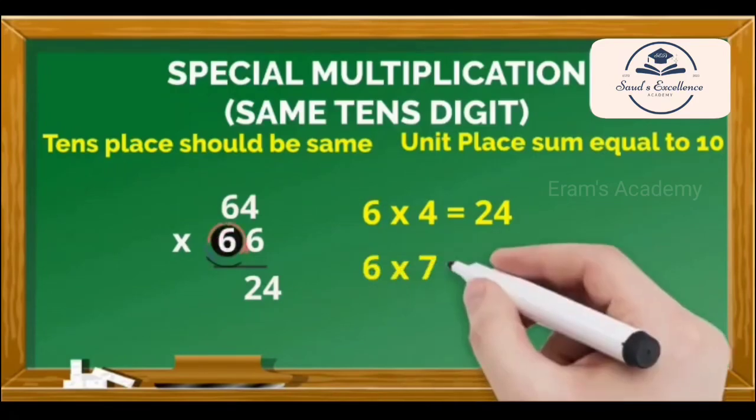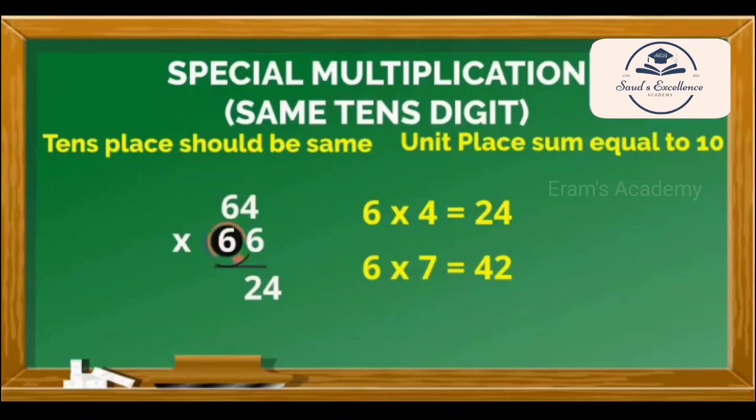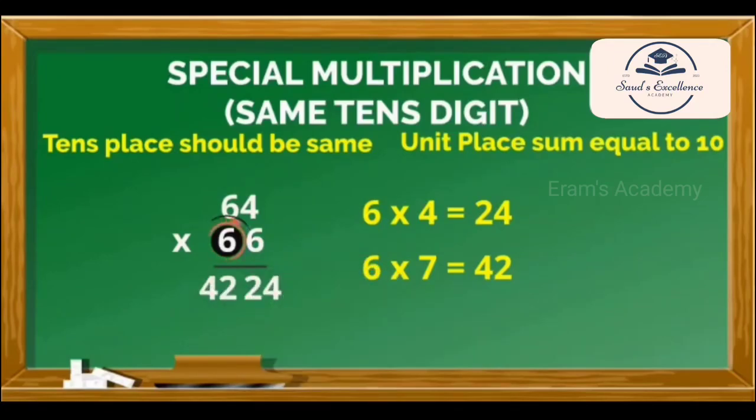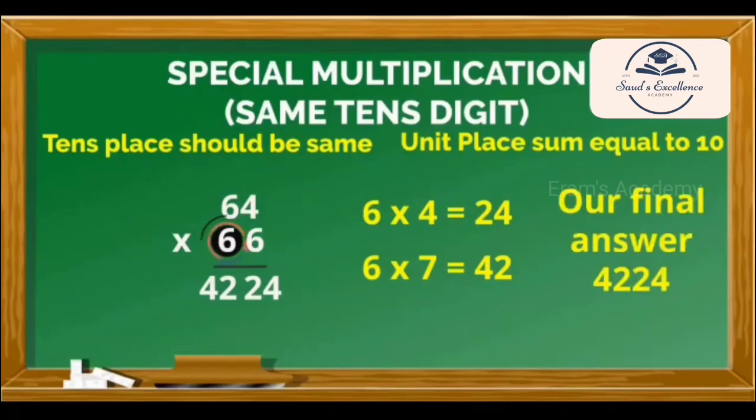Our next step is to multiply the consecutive number of the tens digit. Here our tens digit is 6 and the consecutive number will be 7, so we multiply 6 with 7 equals 42. We write 42. Our final answer is 4224.